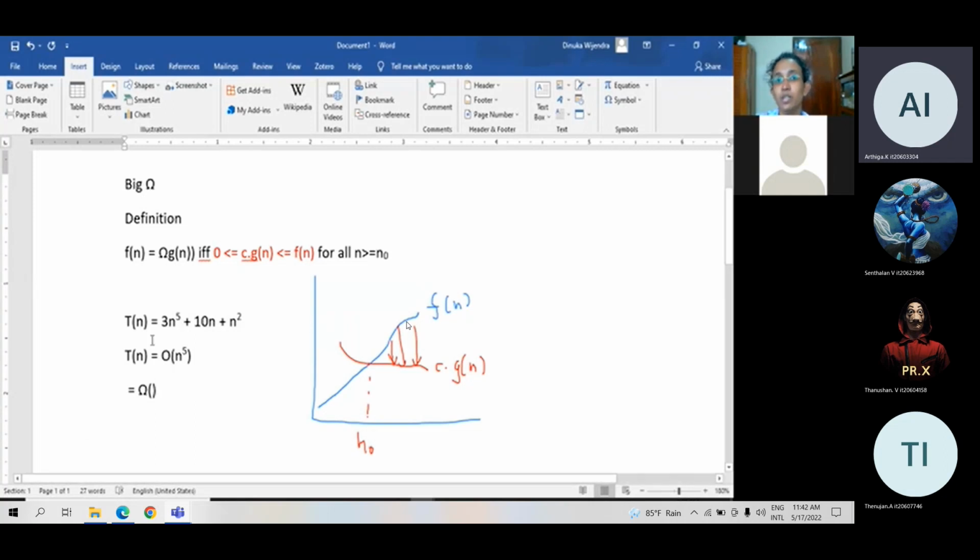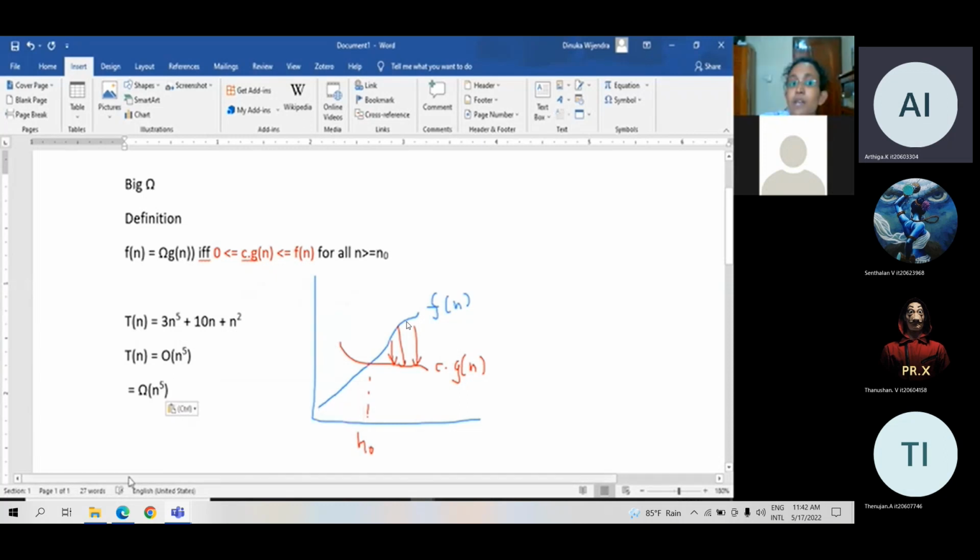For the same Tn equation, you would clearly say lower limit is out of n5, n and n squared. Lower value is n. So the answer is n. But remember, we are not giving the marks for this answer. From the exam point of view, omega n is wrong. Omega n is wrong. This is the answer. That is also n5.